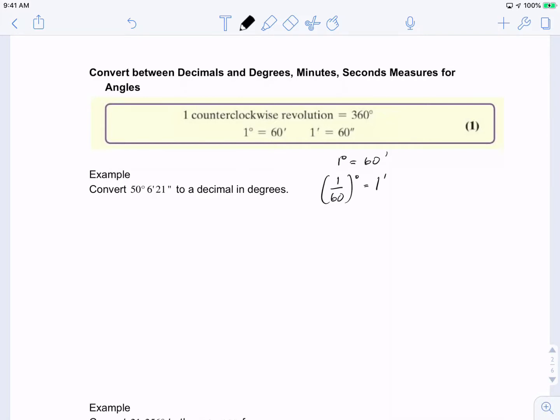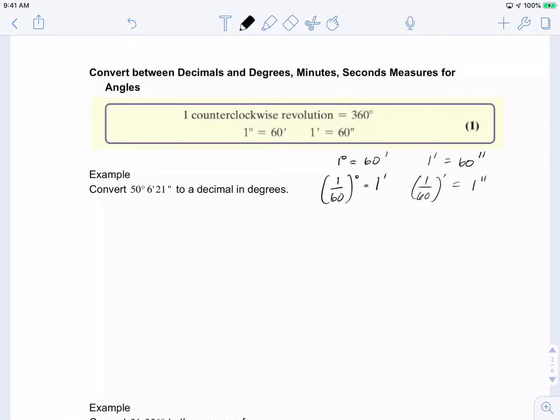1 minute is 1/60th of a degree, and if we do the seconds, the way I'd like you to see it is, if we did the ratio, it would look like this. But again, I'd want you to see it as 1/60 of a minute is 1 second.